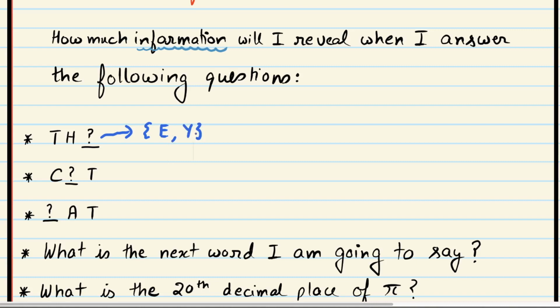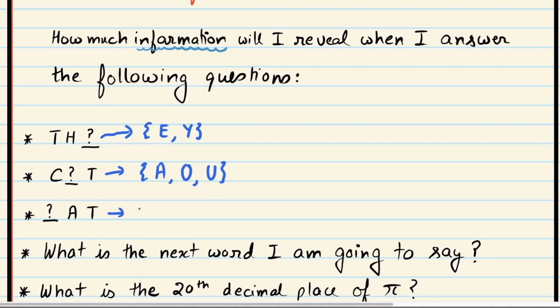The second question is similar. Maybe the answers which come to your mind are the letter A, making the word cat, the letter O making the word cot, or the letter U making the word cut. So when you see these questions, you probably already have a guess list of answers. You know that the answer is one of these three.